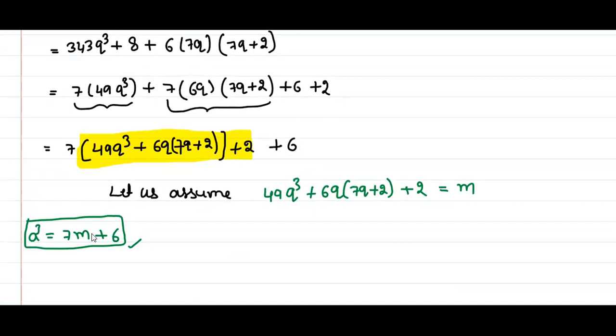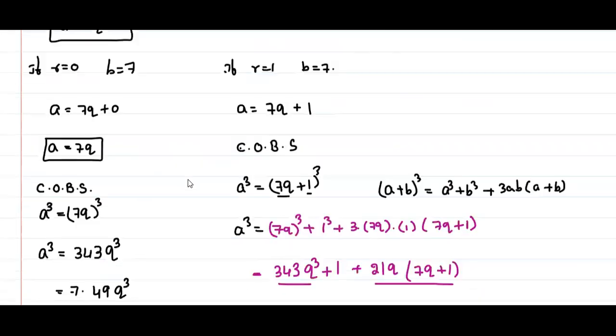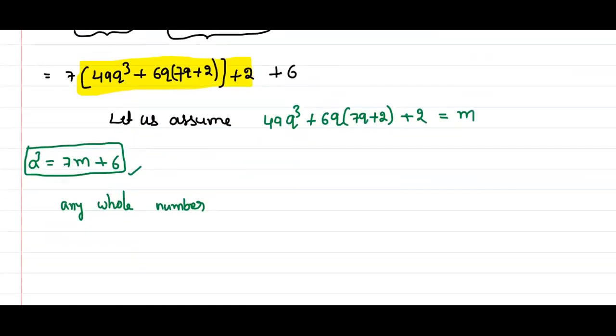So the cube of any positive integer is of the form 7m, or 7m plus 1, or 7m plus 6.